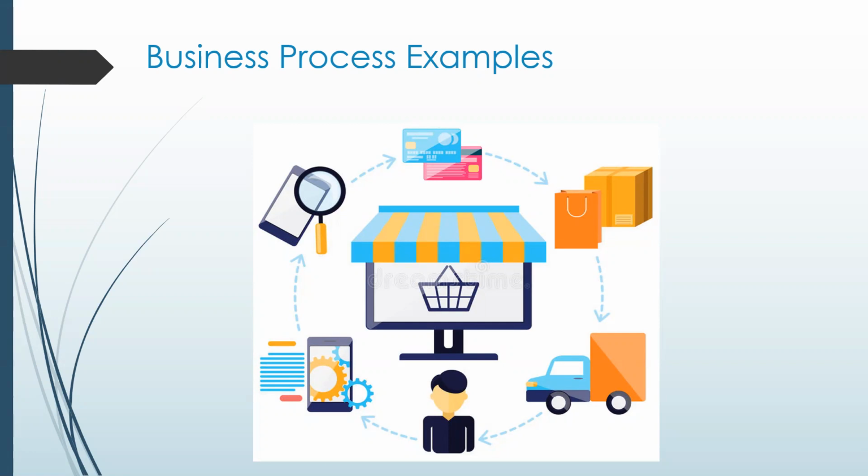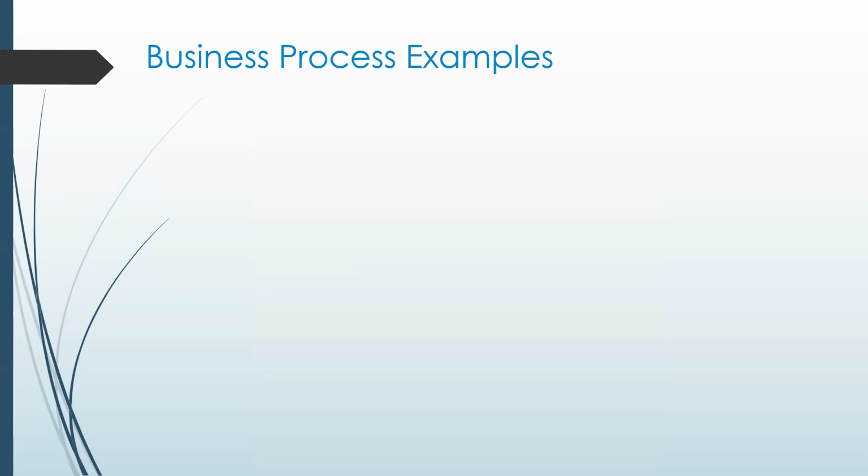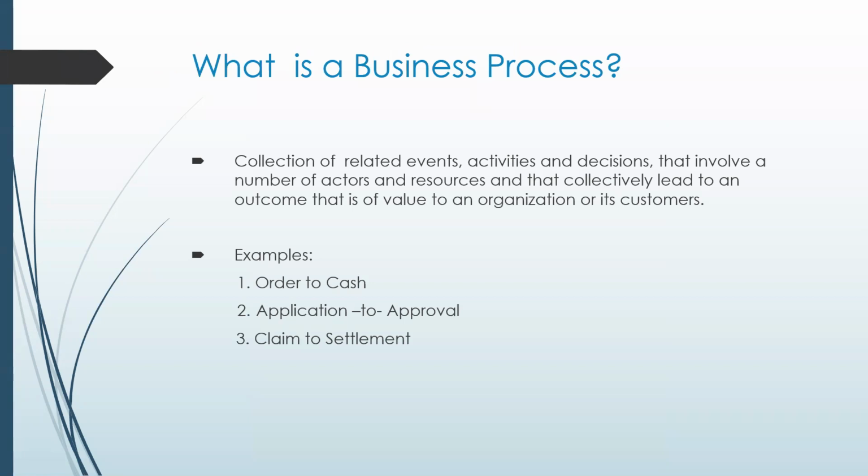Now let us try to correlate this with the 6 entities that we have known. What is it? The first one is the event. You initiating the purchase of a book online is nothing but an event. And the tasks that you perform throughout this transaction will be considered as activities.